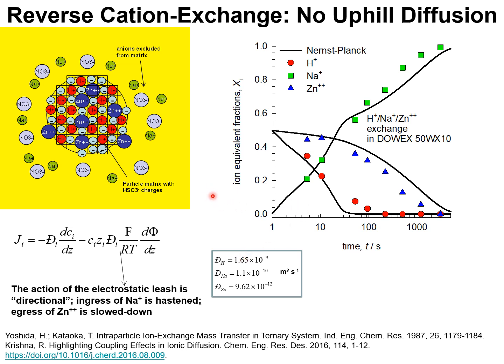The egress of H+ is very quick, and this enhances the flux of sodium into the particle, while the egress of zinc cations is slowed down. No overshoots or undershoots are experienced in this case.